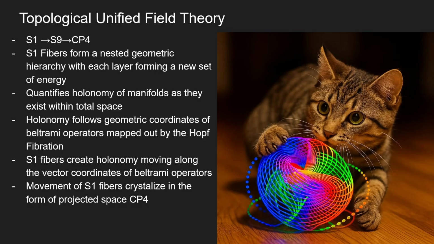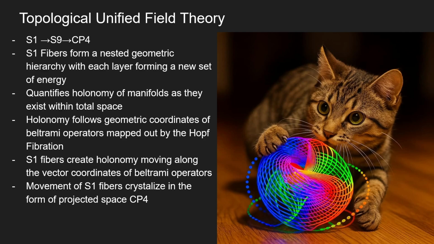And then from here, gluons and other high-level or high-vector coordinate topological features exist. All this means is that the S1 fibers move along a coordinated path, and they are not just randomly moving on their own. They follow predetermined vectors, which quantifies the holonomy of manifolds as they exist within total space.